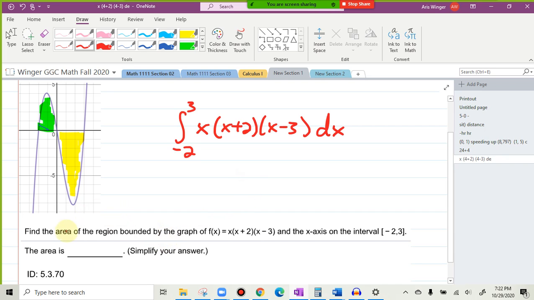What the question is asking is, what is the area of the green region plus the yellow region, all positive? The integral is going to make this stuff negative, and so when you calculate this number, it's going to be the negative of this area plus the green area. When in fact, this is asking, well, what is the positive of this area plus this area?